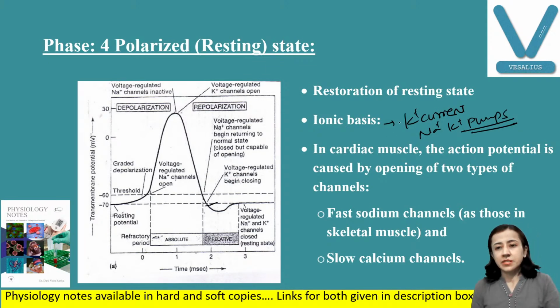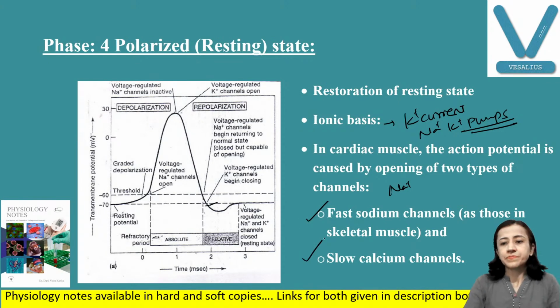Okay, in cardiac muscle, action potential is because of two channels. In skeletal muscle, action potential is because of only sodium channels. Here it is because of sodium channels, which are fast, as well as slow calcium channels. Fine.